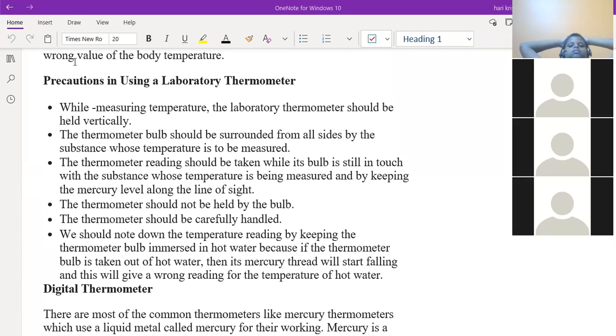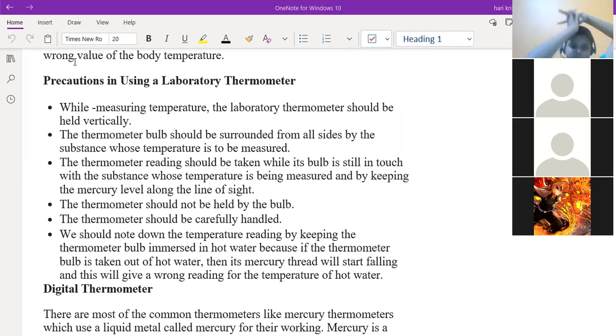The thermometer reading should be taken while its bulb is still in touch with the substance being measured, keeping the mercury level along the line of sight. The thermometer should not be held by the bulb. The thermometer should be carefully handled.